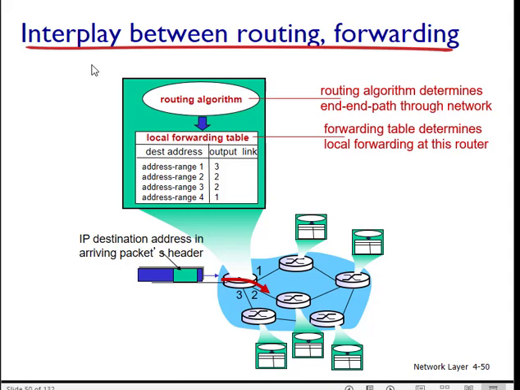Whether the network layer provides datagram service, in which the different packets may take different routes from source to destination, or a virtual circuit service, where all the packets between a given source and destination will take the same path, the network layer must nevertheless determine the path that packets take from senders to receivers.